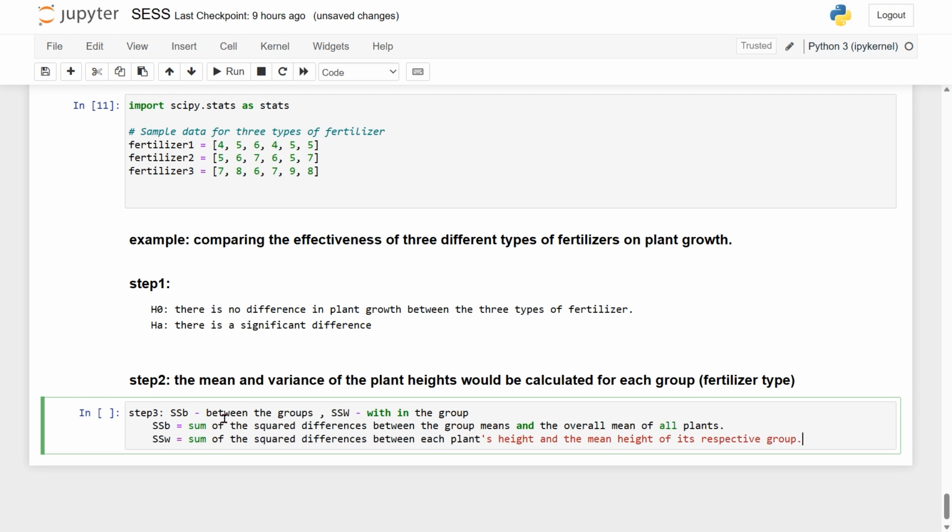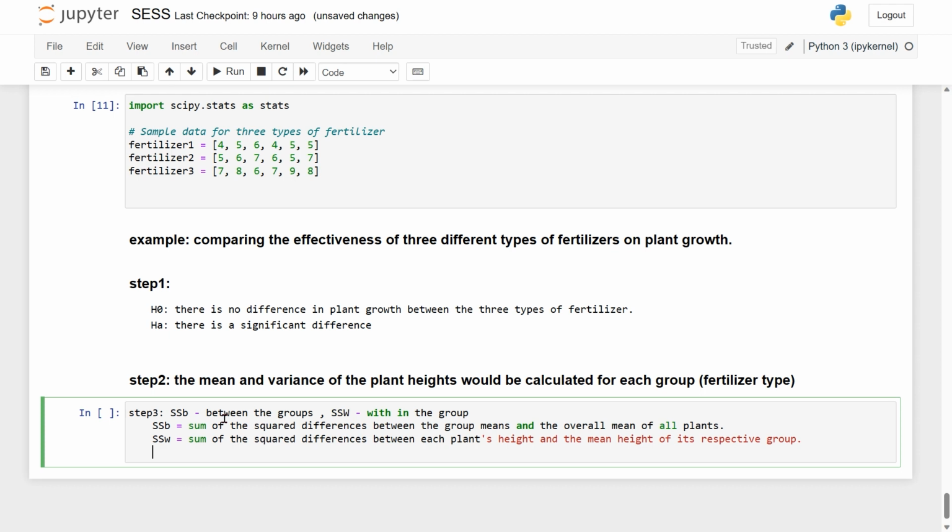That's it. Then you can calculate the total variance, SST. It's SSB plus SSW. SST would be calculated as the sum of the squared differences between each plant's height and the overall mean height. That's the total variance.